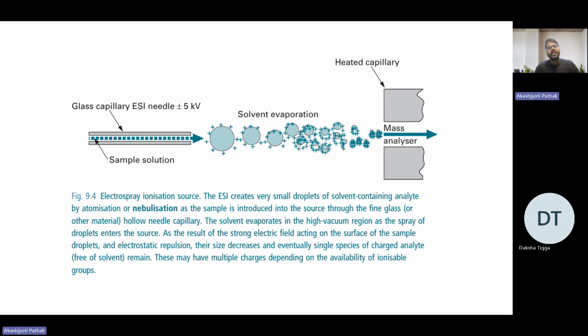Now what you do in electrospray ionization is that you pass this protein sample through a very fine needle, and this needle is maintained at a positive potential of plus 5 kilovolt. This figure is taken from the book Wilson and Walker. So when this molecule passes through this very fine needle, what will happen? It will gain charge.